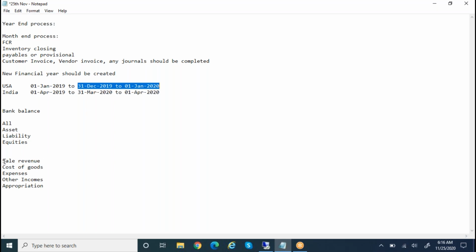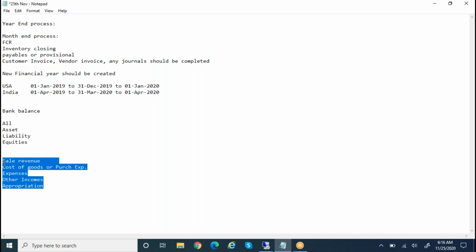Then what happens? This is revenue, that is sales amount. Here we know that 1 means assets, 2 means liability, 3 equities, 4 sales revenue, 5 cost of goods or purchase expenses, 6 expenses, 7 other incomes, and 8 appropriation.